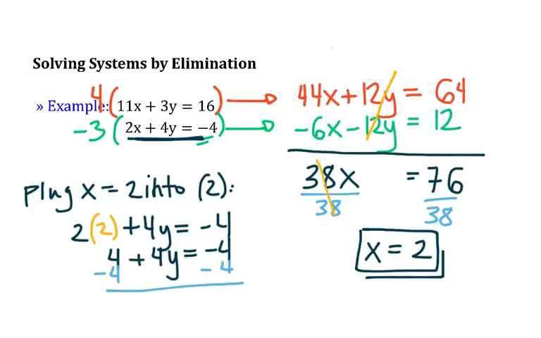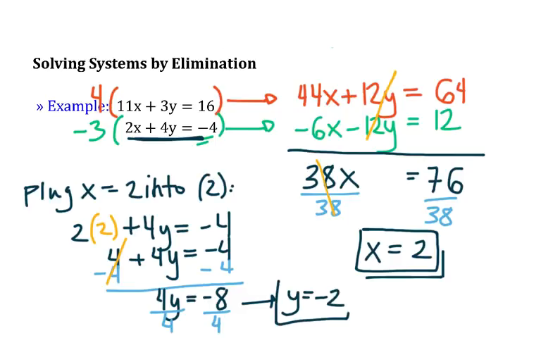And that'll leave me with my 4y all alone on the left. -4 minus 4 gives me -8 on the right. And then if I divide both sides by 4, we're going to be able to find that y is equal to -2. So -8 divided by 4 is -2. So now I have the solution for y that corresponds to the solution for x.